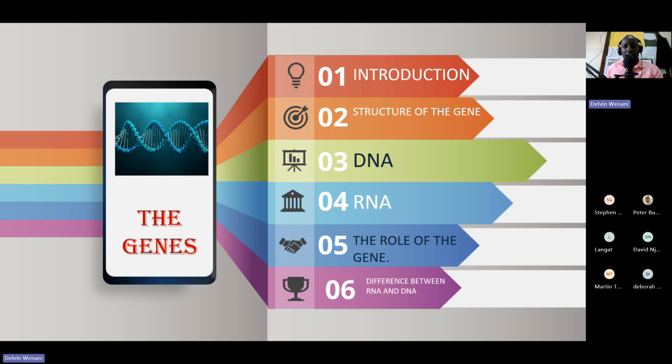Then we shall have the structure of the gene. We shall also look at the DNA, and the RNA, and at the end the differences between DNA and RNA. And we shall also look at the role of the gene.